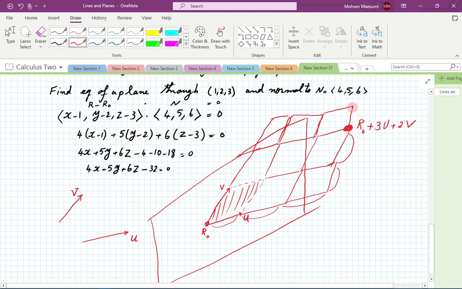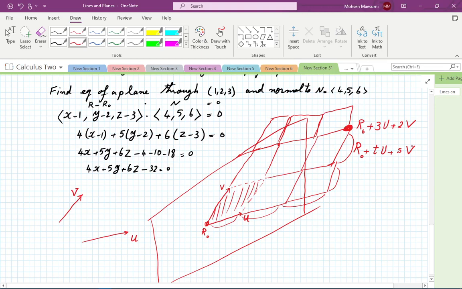Well, I get 3 u's and 3 v's. How about here? Just 3 v's will do it. How about here? Take 1 u and 2 v. So I can arrive at the location by going from r0, taking so many steps, let's call it t steps in the direction of u, and the other one is a different multiple, let's call that s steps in the direction of v.